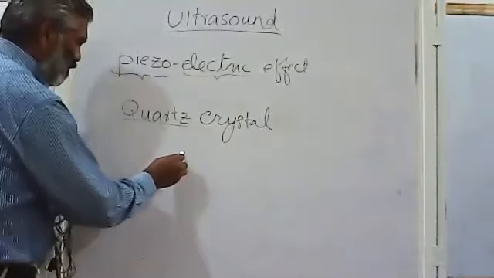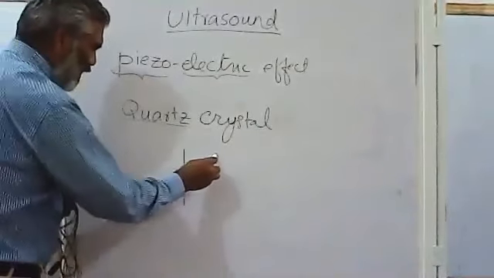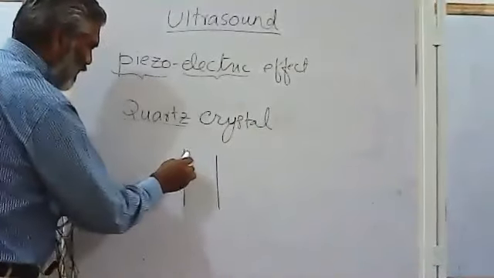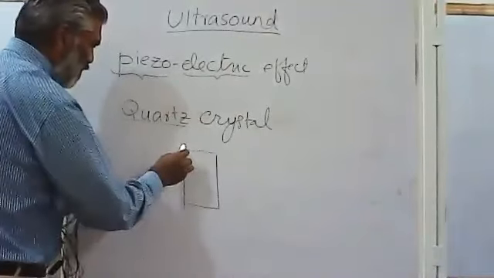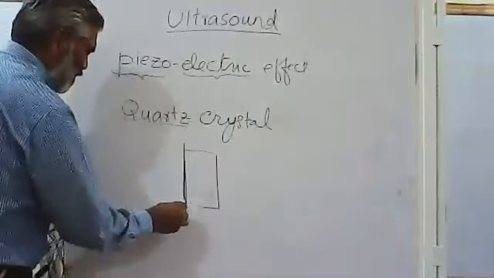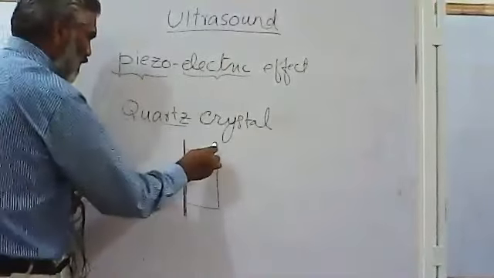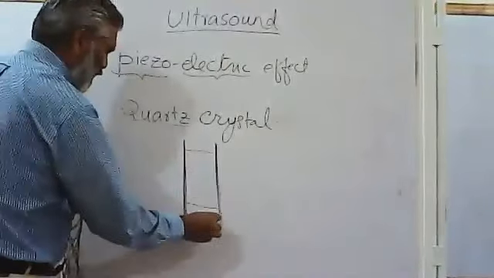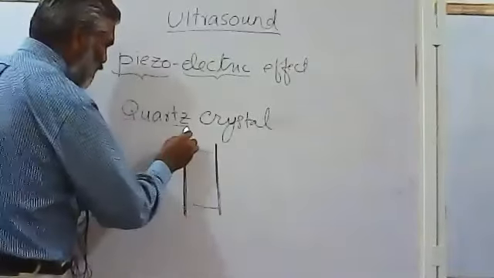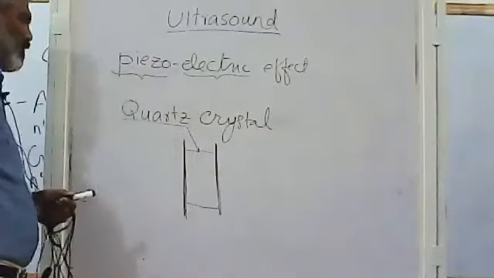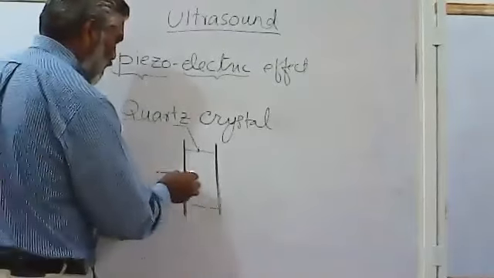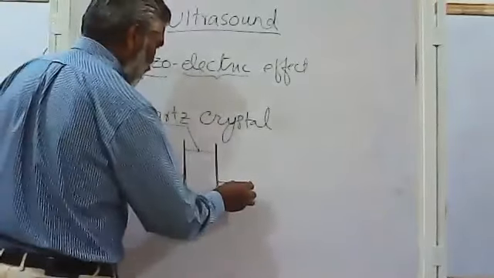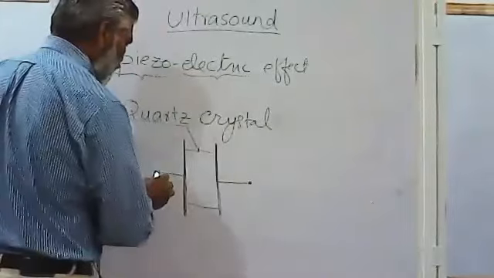So if you squeeze a crystal, you place a crystal inside two plates. This is a copper plate, a good conductor. Similarly, a copper plate here, and this is the quartz crystal sandwiched in between. This is connected to the external circuit.